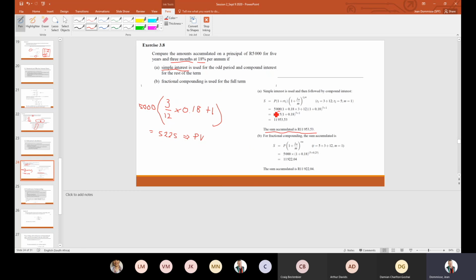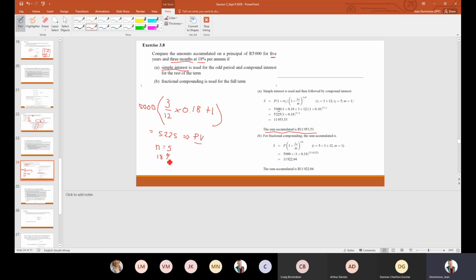So after you did the simple interest, you get the answer, you use that for your present value, then you can use your calculator. So then you have your n that is equal to 5 because it is the 5-year period. It is, remember, 1 time per year and your 18% interest.